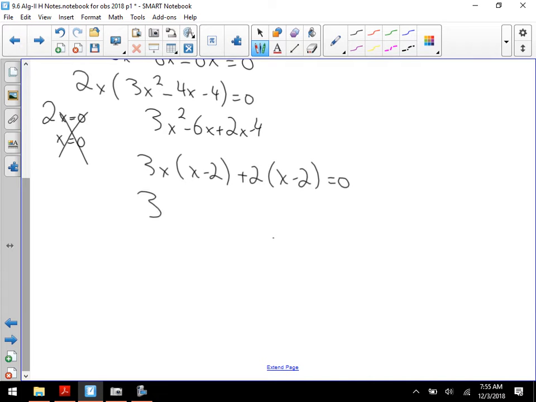So my two terms then are the 3x plus 2 and the x minus 2, which generates zeros at negative 2/3 and positive 2. And then I just have to go back and check and see, are either of those allowable? I think both of those were okay.